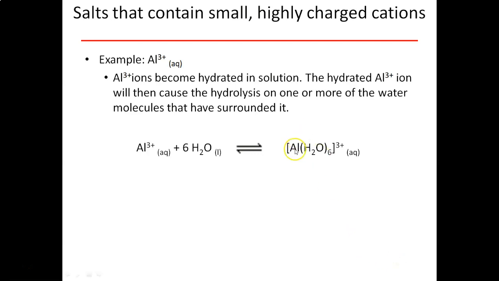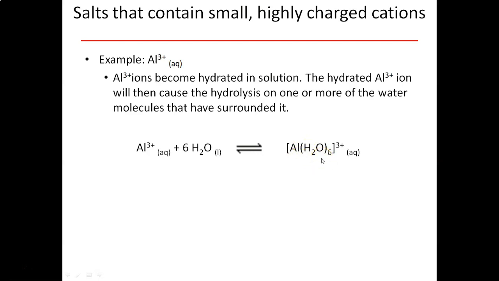And so they'll form a complex ion where the water molecules have the slightly negative end pointing towards the positive charge. Since we have a full ion attracting the partial charge, these water molecules will stay attracted to that aluminum, and they'll stay close to it. And that's why we have this.